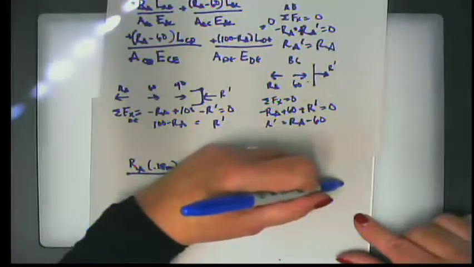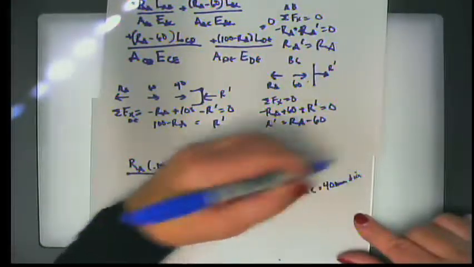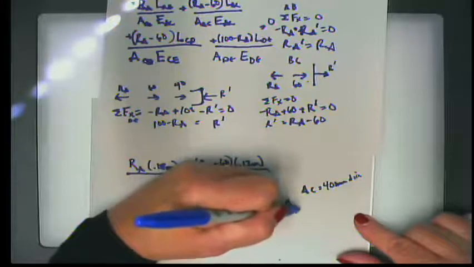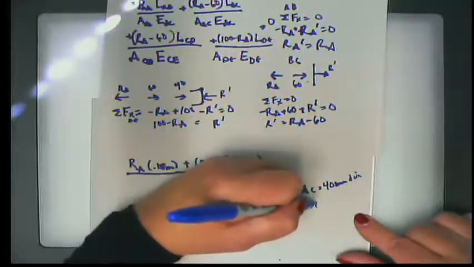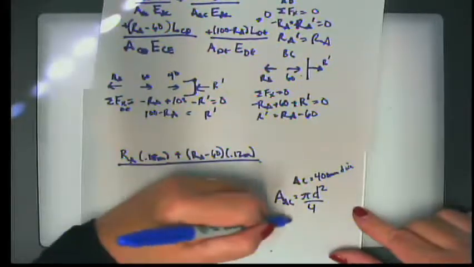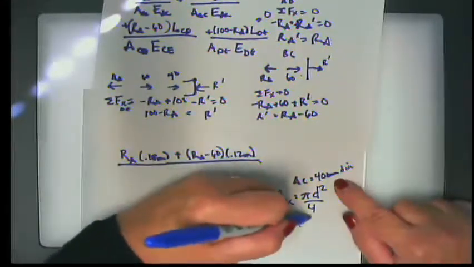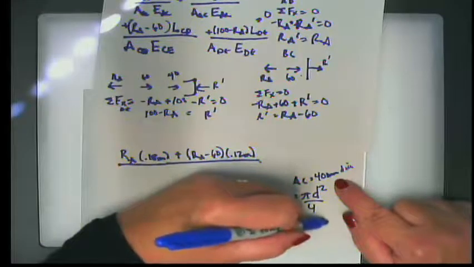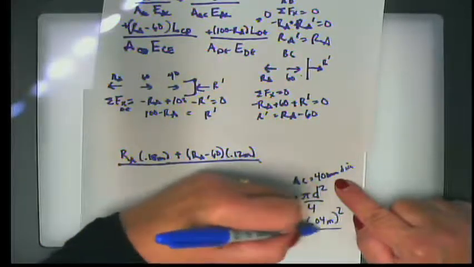We're told that A to C is 40 millimeters in diameter. So we know that the area from A to C is equal to pi d squared over 4, or pi times 40 millimeters, which is 0.04 meters, quantity squared over 4.